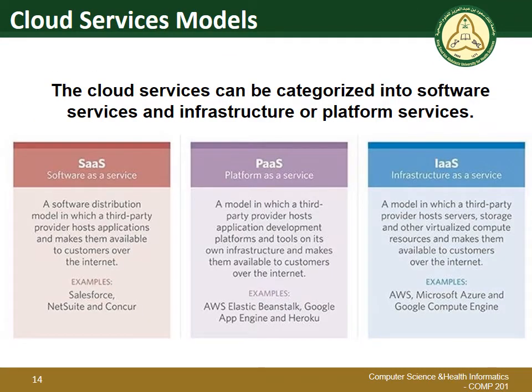All right, cloud service models come in three categories or three flavors. The first one is known as software as a service, or SaaS. One of the great examples for it is Gmail. Gmail is a cloud service which you can access via the web. You don't need to install Gmail.